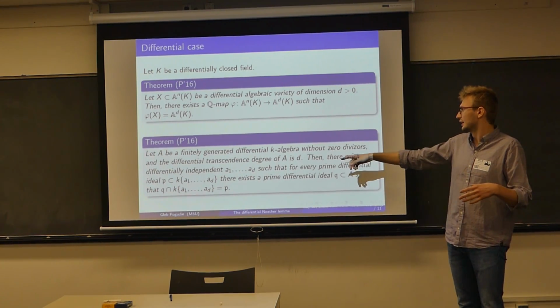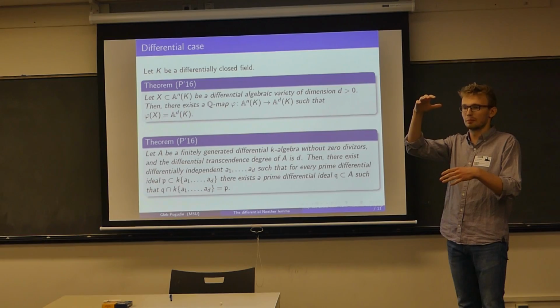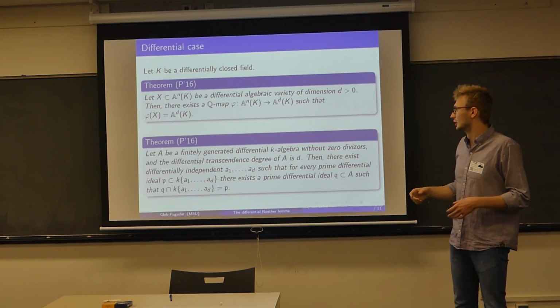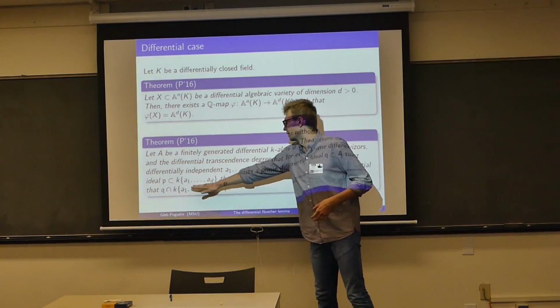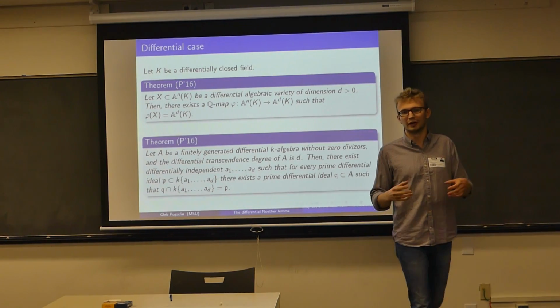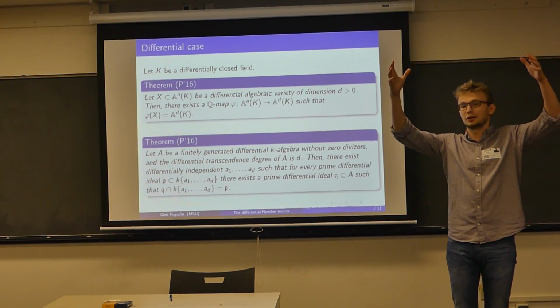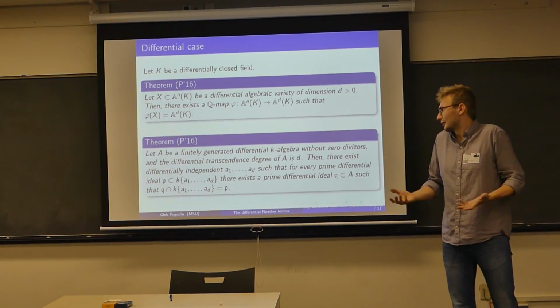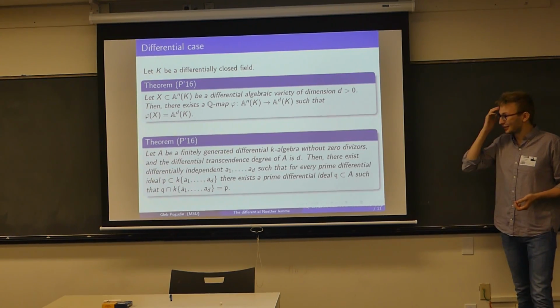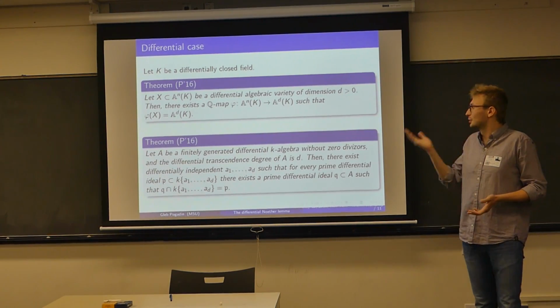And you again have the lying over property for prime ideals. For every prime ideal in this polynomial algebra, you can find a prime differential ideal which lies over it. Again, nothing really surprising, but how can one prove that?